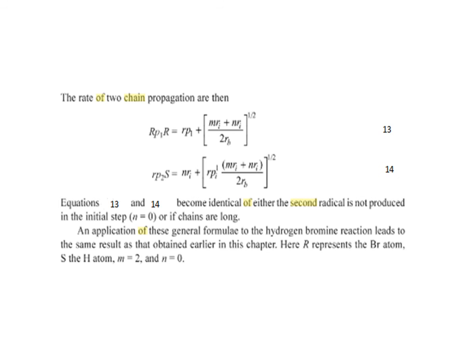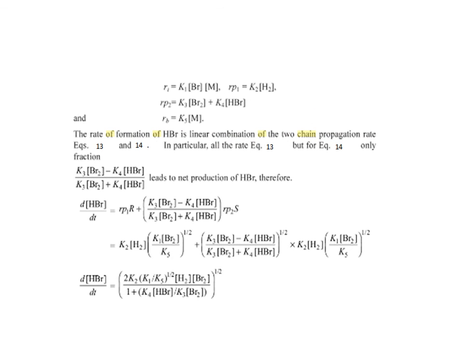An application of these general formulas to the hydrogen bromine reaction leads to the same result as that obtained earlier in this chapter. Here R represents the bromine atom and S the hydrogen atom. M is equal to 2 and N is equal to 0.